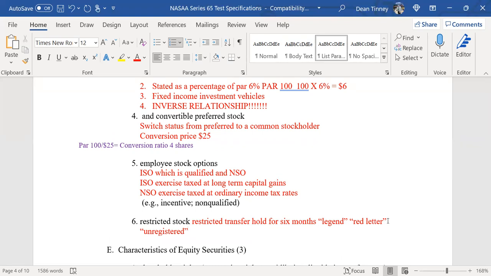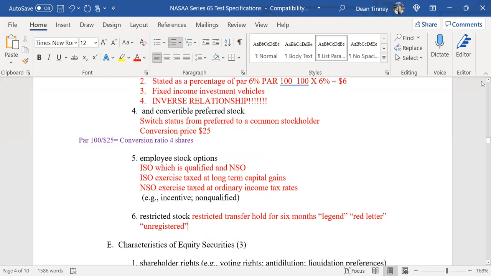And in the old days, I'd ask how long you've had it, because if you had it for the right period of time, I'd say, let's send that into the transfer agent, get those nasty red letters removed. So legend stock, red letter stock, unregistered stock. The biggest test point here is that this kind of stock has a 6-month hold. That's the biggest potential test question.